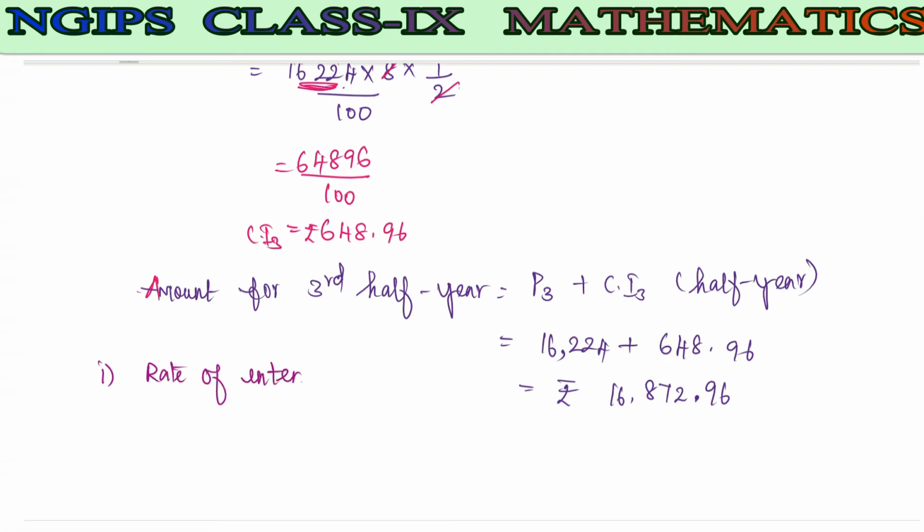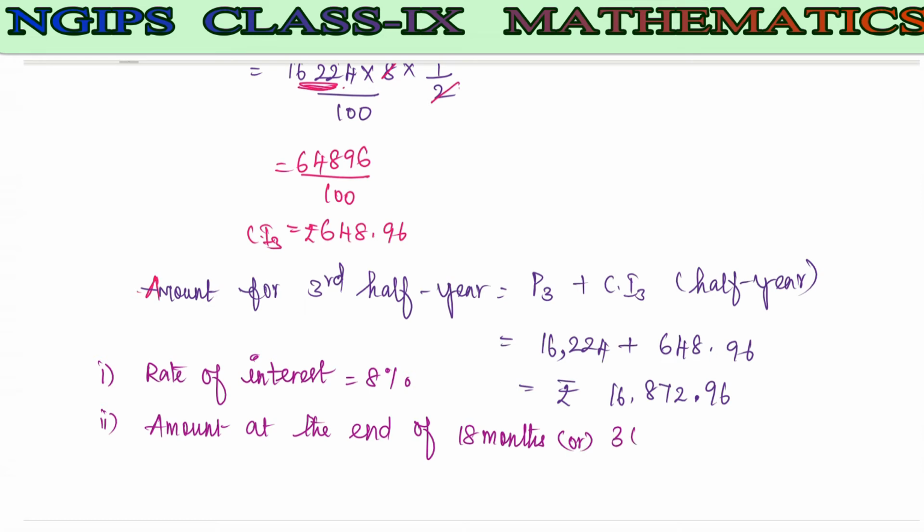The rate of interest is equal to 8%, and we found the second sub question, the amount at the end of 18 months, or 3 half years. 3 half years is equal to rupees 16,872.96. Okay, this is the answer.